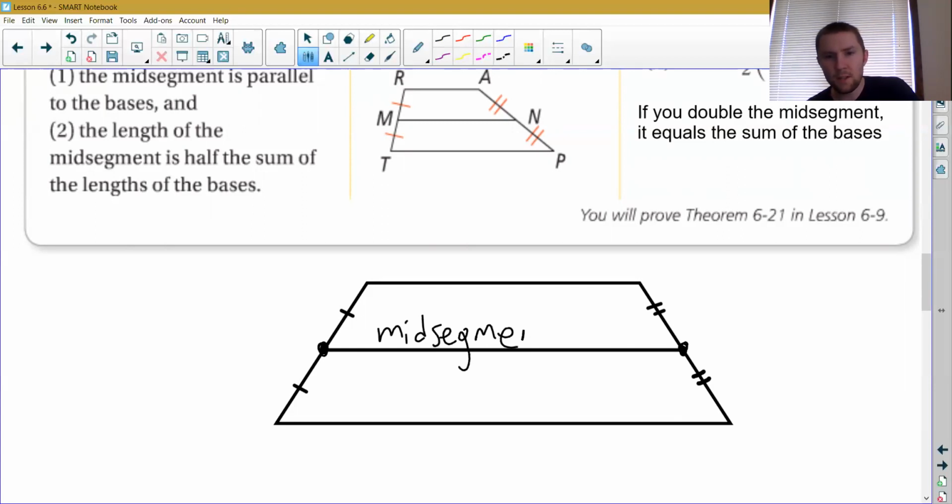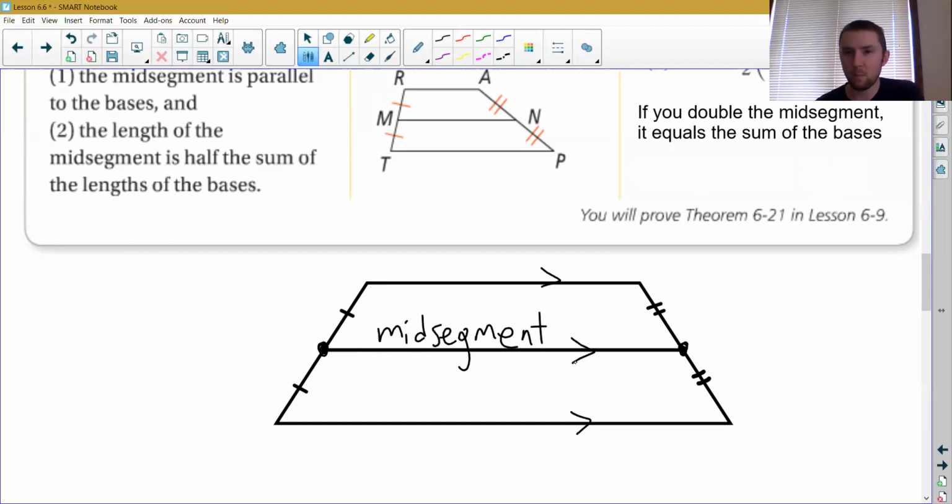There are a couple things of note about midsegments. Number one, the midsegment is parallel to both of the bases. We know that the two bases, in this case on the top and bottom, are parallel, one pair of parallel sides for the definition of a trapezoid. And then the midsegment, when we connect the midpoints of the two legs in this manner, is another segment that is parallel to both of those as well.